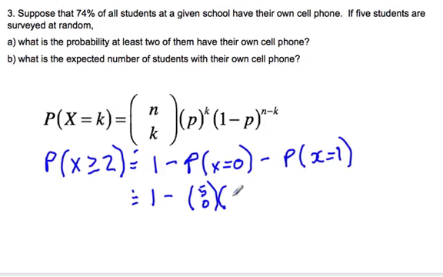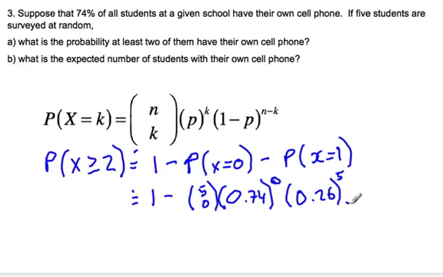And the probability of having a cell phone is 0.74. So the probability of success will be the probability of having a cell phone, to the power of 0, because none of the students have a cell phone. So n minus k will be 5. So this will be 0.26 to the power of 5.